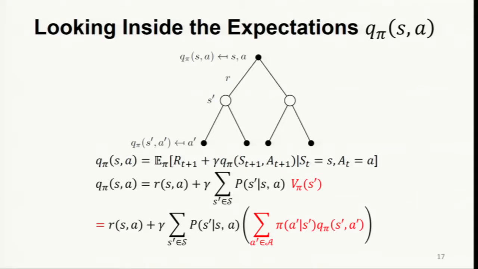Everything here, we don't touch it. But this V pi of S prime is actually equal to pi of A prime given S prime. Because over here you are going to have a policy to choose different actions, and the probability of choosing each action depends on pi.